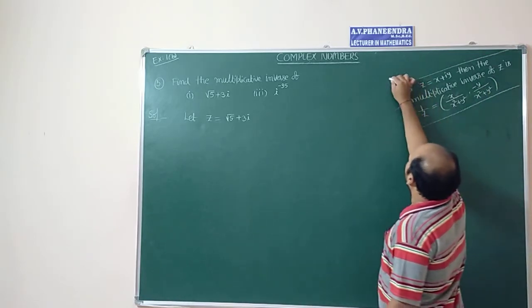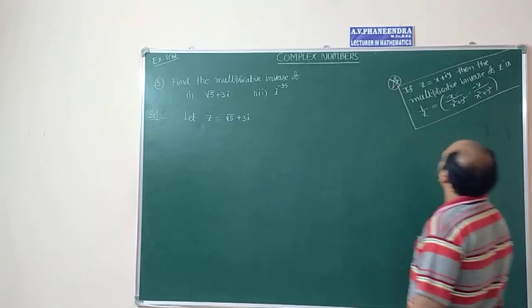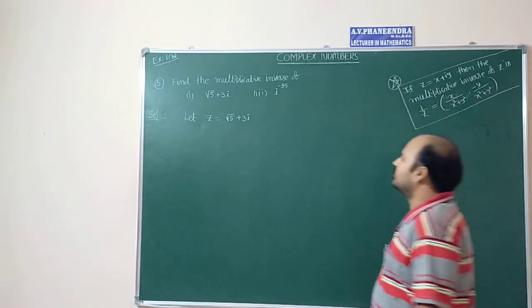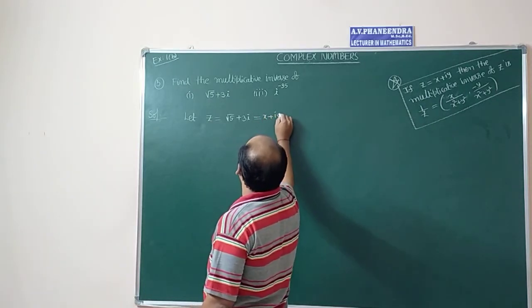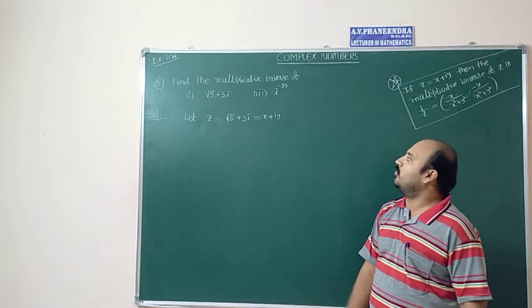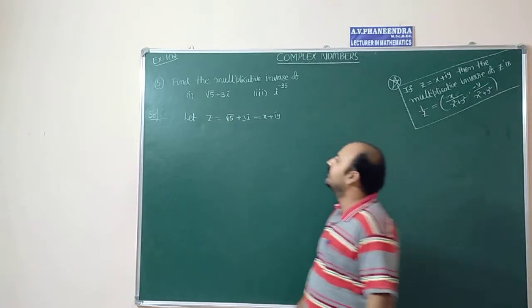This is the formula you can apply for the multiplicative inverse of z. So here x plus iy you have to compare. So x is equal to root 5 and y is equal to 3.